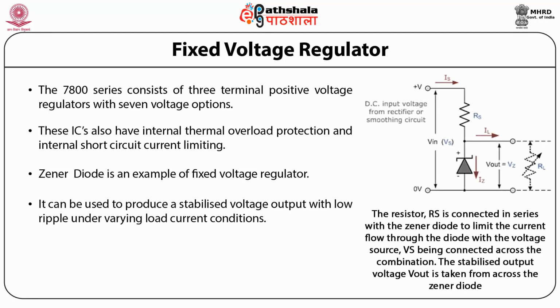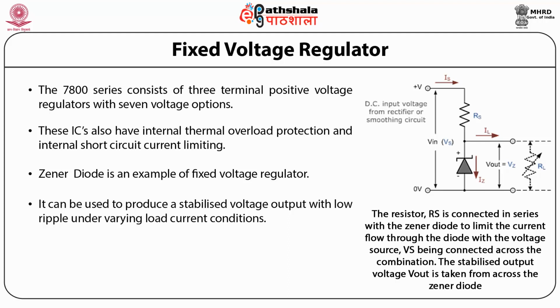So this figure shows the Zener voltage fixed voltage regulator basically, where we apply the DC input voltage from the rectifier and we get the fixed regulated voltage at the output.